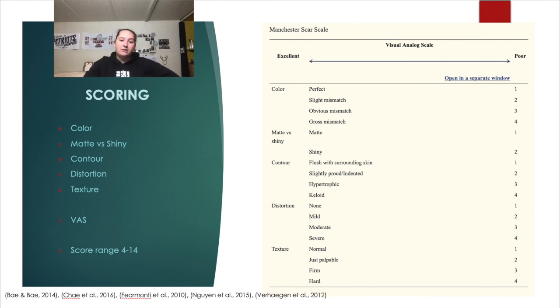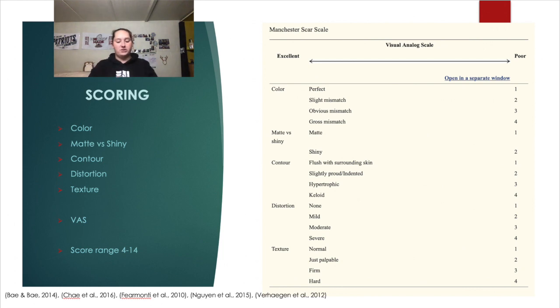And then the final category in this scale would be texture, again, 1 to 4. They all have a range of 1 to 4 except for matte versus shiny, because there's only 2 options. So texture, a score of 1 would be a normal texture, 2 would be palpable.